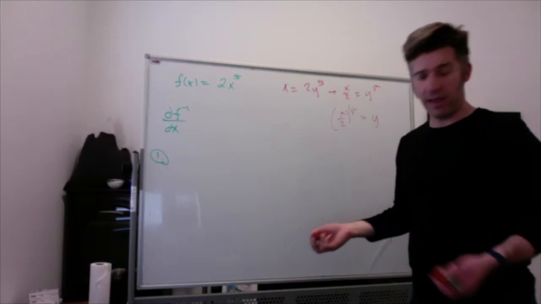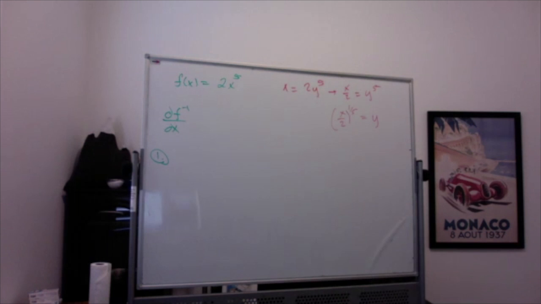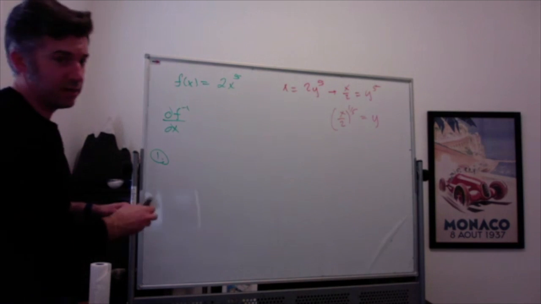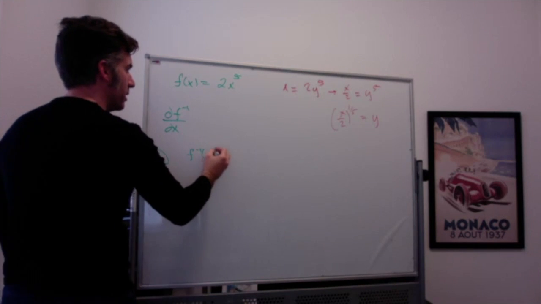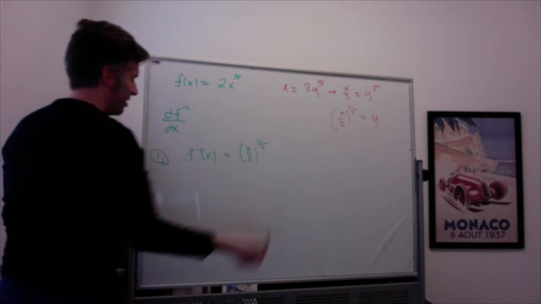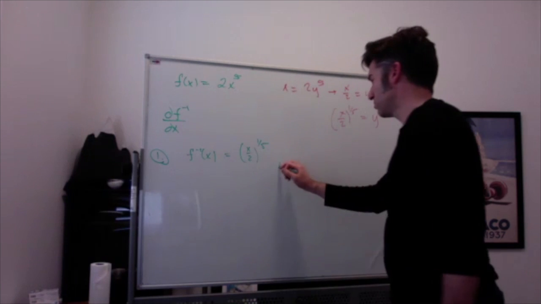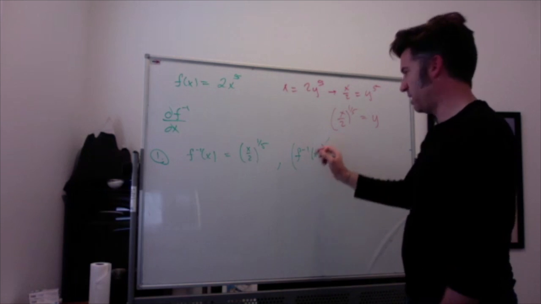And then take the derivative of that. So my inverse function is x over 2 to the 1/5 power. The derivative of that, which is always a pain to write.